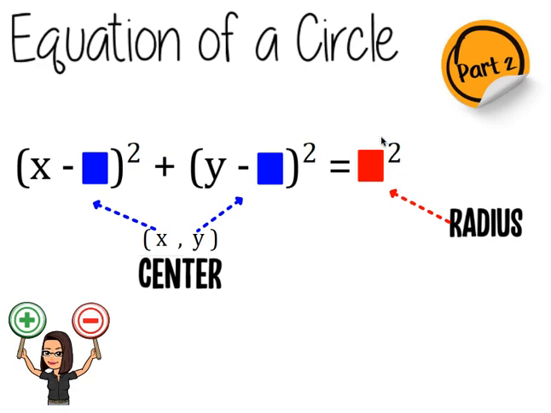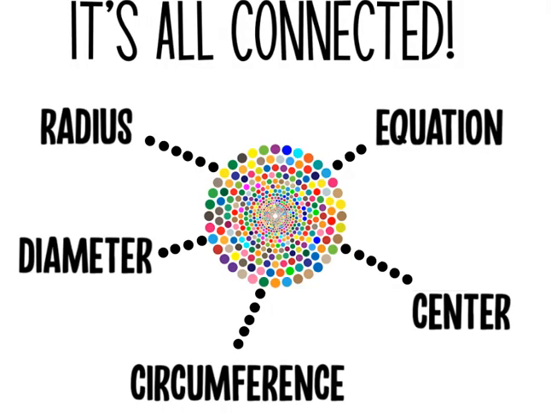Also, you'll notice in the standard form that the sum of these two squared parentheses is going to be the radius squared. So this is a great opportunity to either find the square root of this solution, or of course, keep my handy dandy chart of square numbers close by, or memorize them. So the real big idea here is that they're all kind of connected.